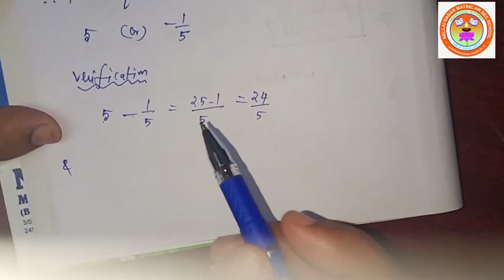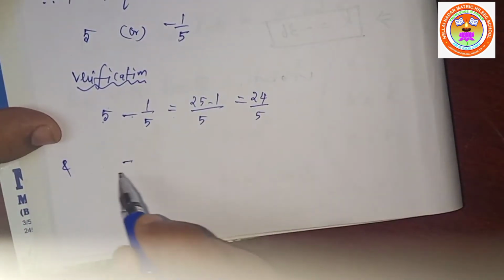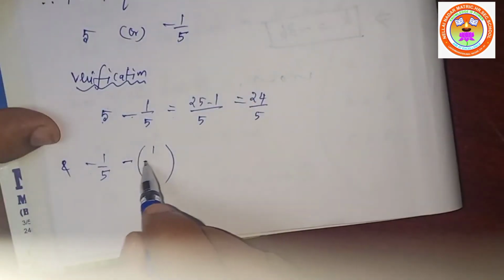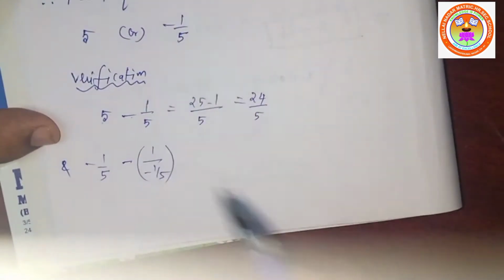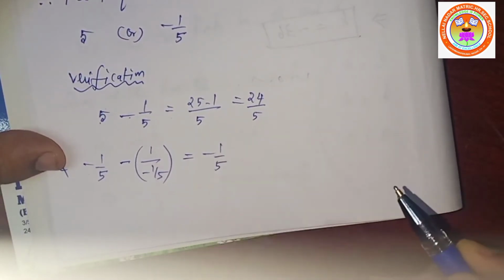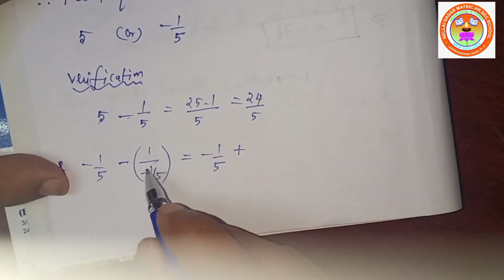And now I am going to take minus 1 by 5. The difference between a number and its reciprocal, the reciprocal of minus 1 by 5 is 1 by minus 1 by 5, correct? Minus minus get cancelled, plus 1 by 5.